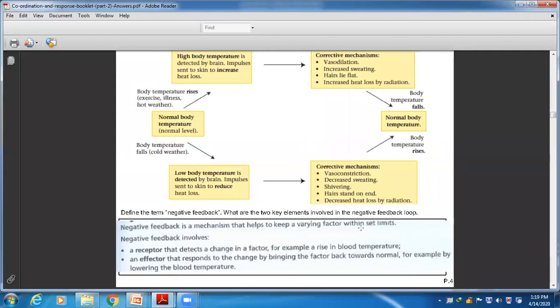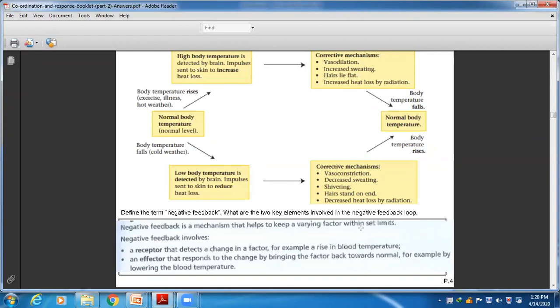So for example, right now glucose has increased in your body. That glucose is the stimulus. Against that increase, some changes will come in your body, changes that come against the actual stimulus and bring the glucose back to normal.